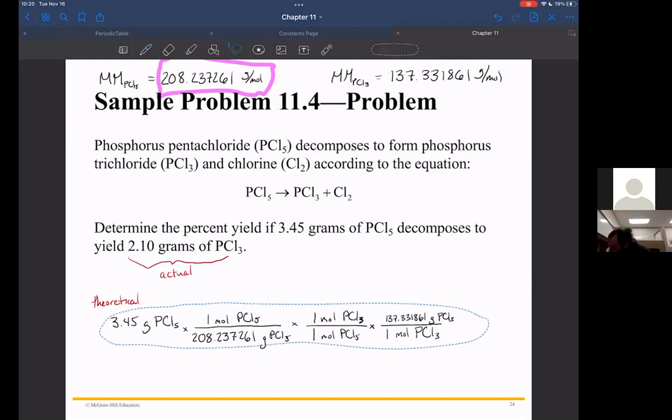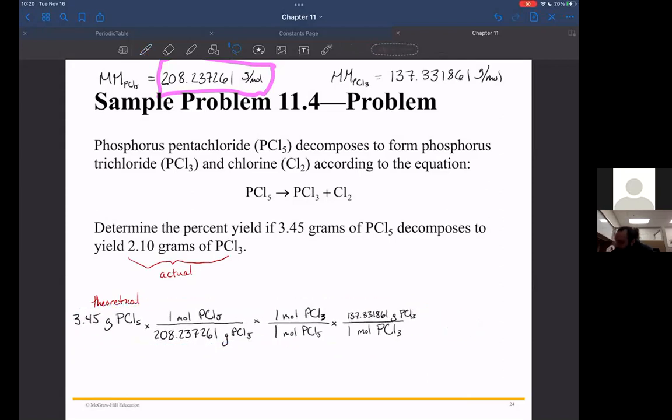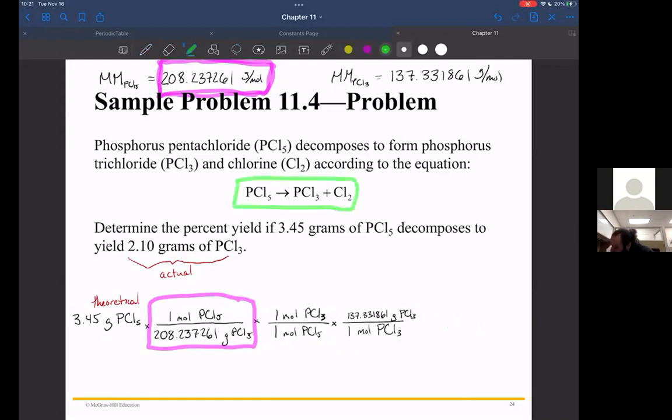All right, so we've kind of been playing this game over and over again, but I want to emphasize this. I've converted this molar mass information, that's this term here, that allows me to jump from grams of phosphorus pentachloride to moles of phosphorus pentachloride. I then used my balanced chemical equation. That's how I got this mole ratio here.